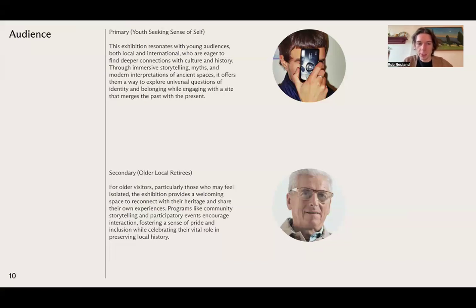And the secondary audience is the local people who are mainly made up of retirees who have spent most of their life in this area. And they're people who are very engaged with history and their own heritage. They know a lot and they are also very excited to share. So I think one of the biggest motivations of this project is to connect these people the way I was able to connect with some of the local people in the town.